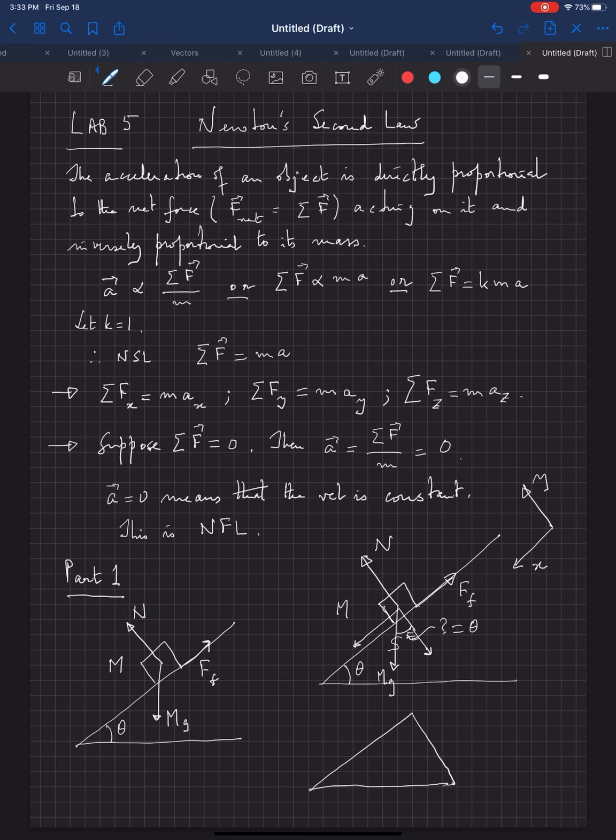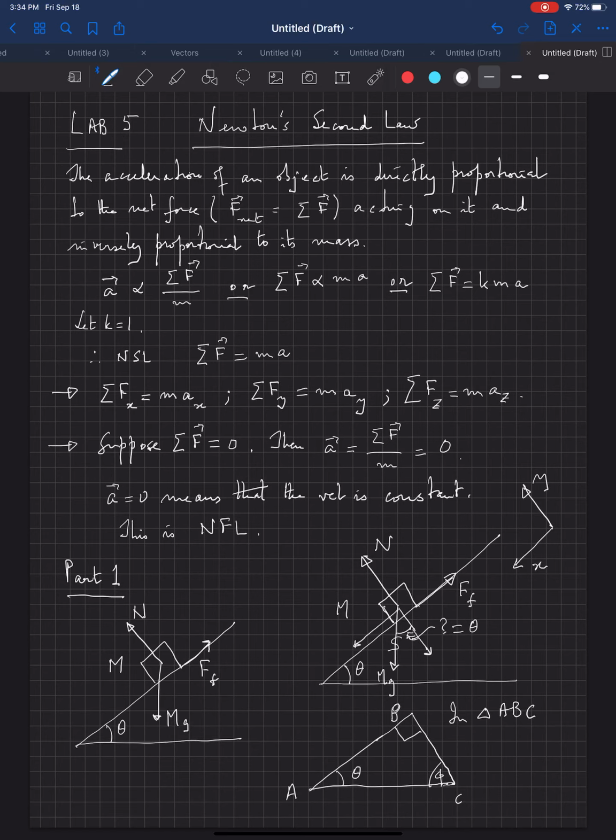Let's call this A, let's call this B, and let's call this C, and let's call this angle theta, so it looks exactly like above. And this is a right triangle. All right, and so let me call this angle phi.